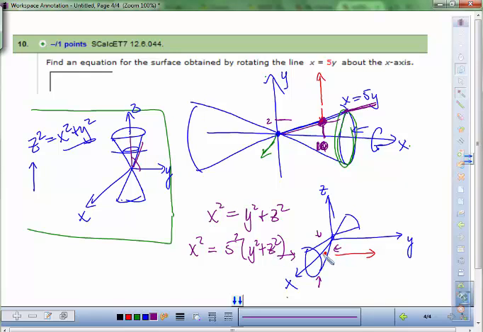So if I just let z equal 0, assuming I'm flat on the xy plane, when y is equal to 2, hopefully I would get x is equal to 10. So we got x squared is equal to 25 times 2 squared plus 0. So x squared is equal to 25 times 4, which is 100. Take the square root and you get positive and negative 10, but we're looking at the 10.